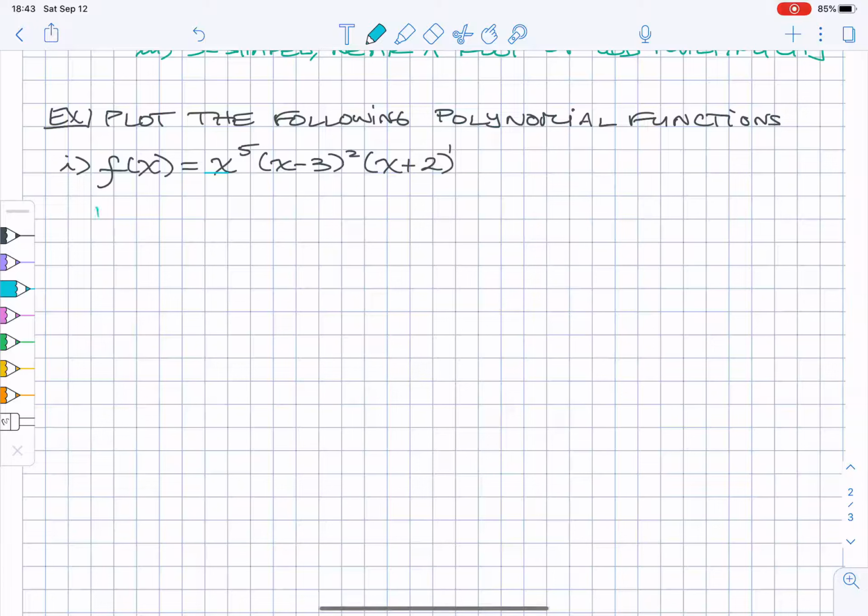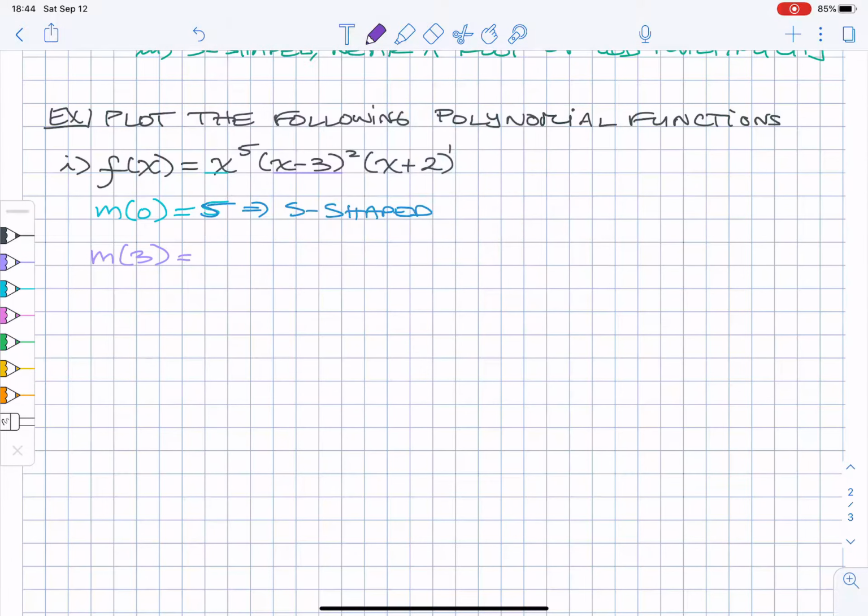We know that the multiplicity of 0 is 5, so that is going to be S-shaped, because it's odd, right? The multiplicity is 5. Now let's look at the factor x minus 3. The multiplicity of 3 is going to be 2.